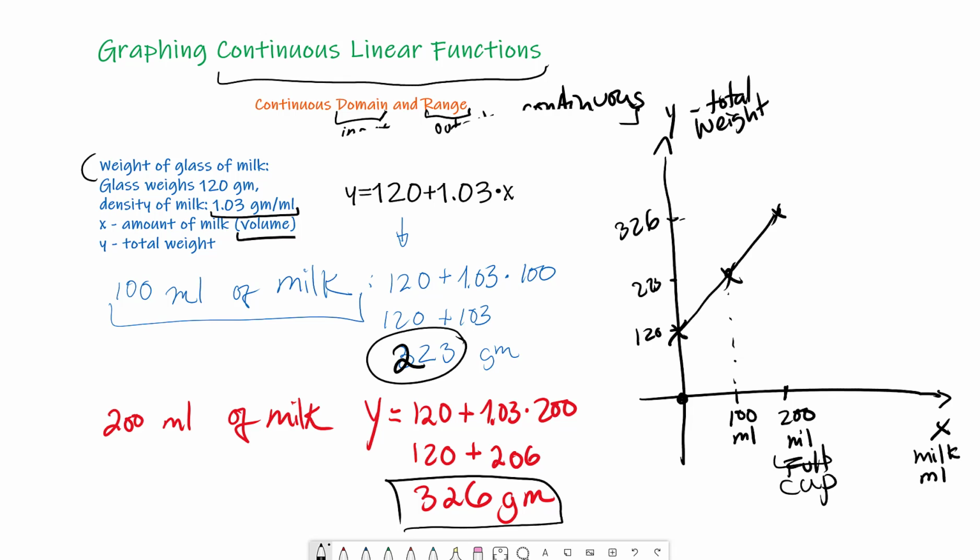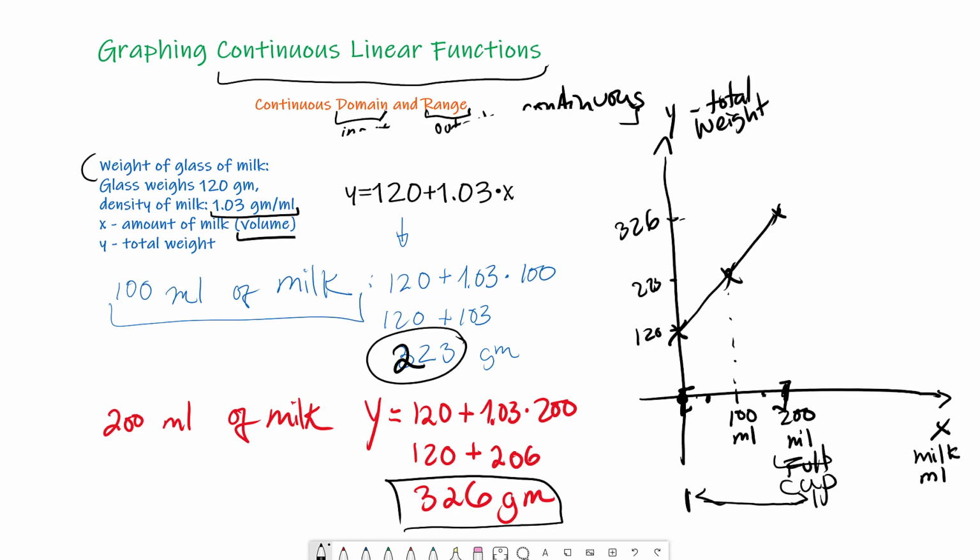Our domain is from 0 amount of milk all the way to 200 milliliters. But we are allowed to take any point in between. We can put 50 milliliters, 150, and any other point on the number line between these 2 points here. Okay, so that gives us a continuous domain.